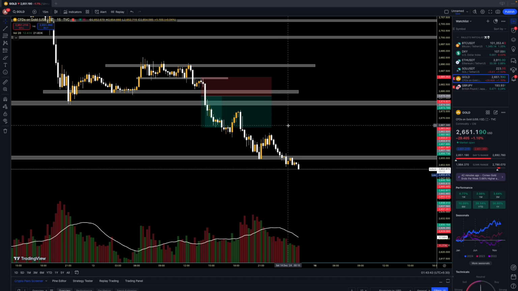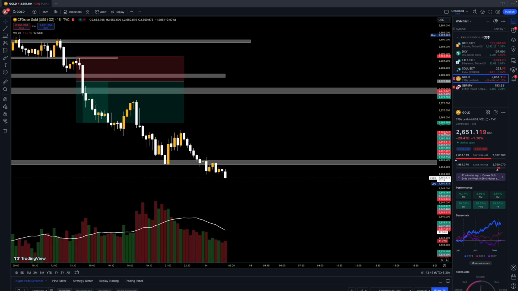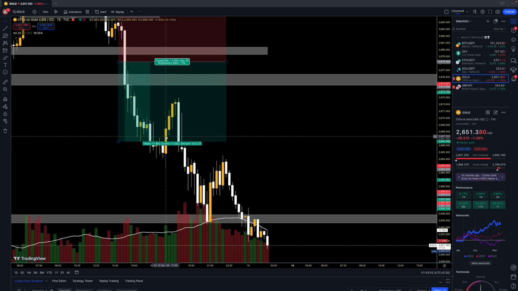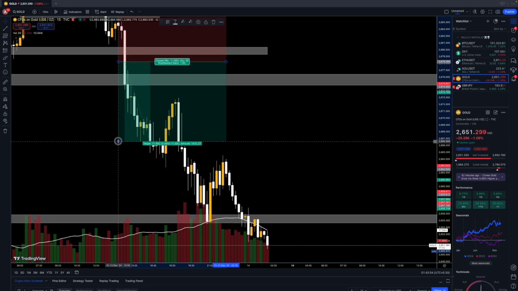You can see this retracement. Before this retracement, I just exited at this point actually. So yeah, just cope up with this.